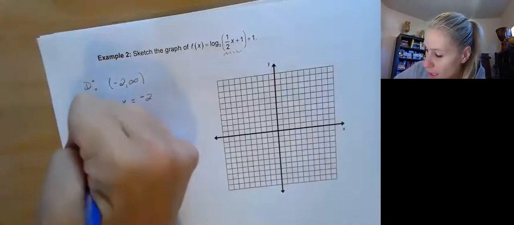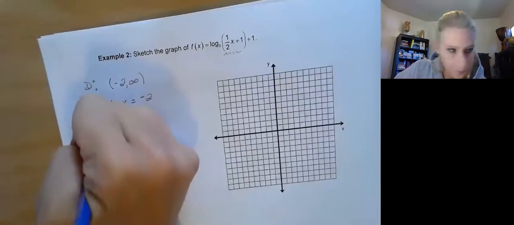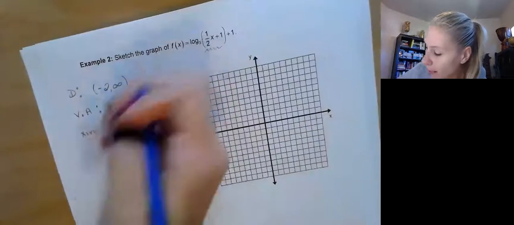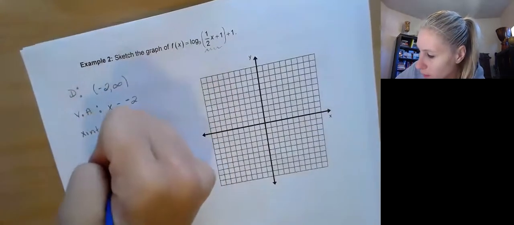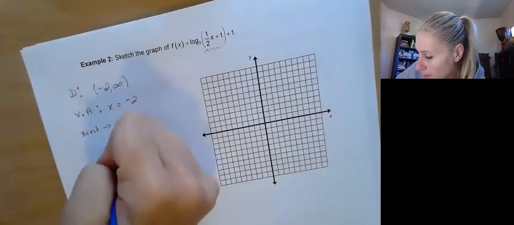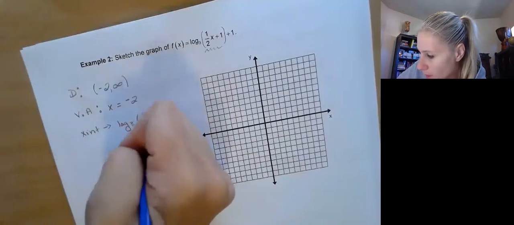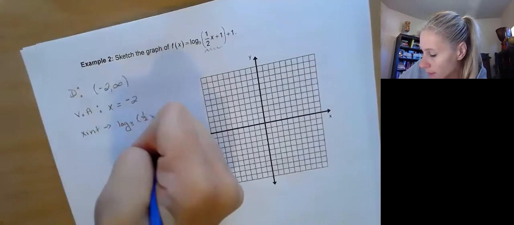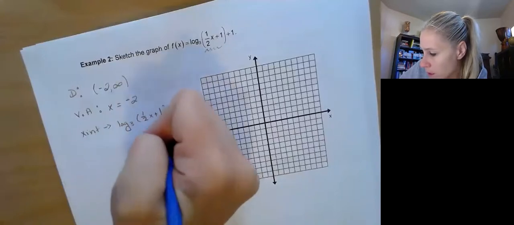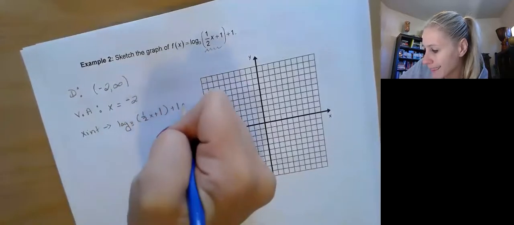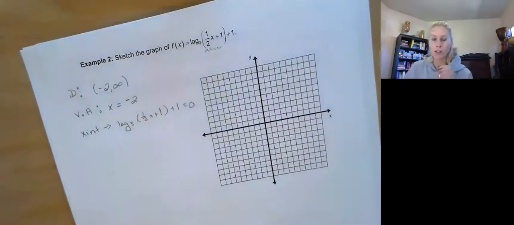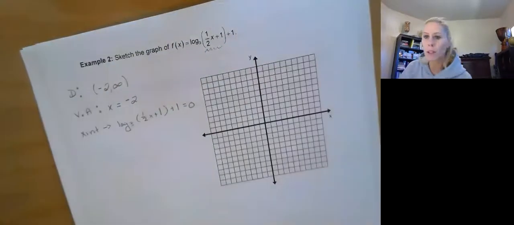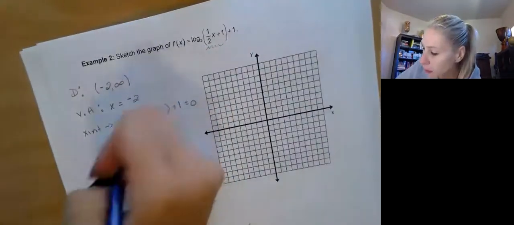Now we're going to look at our x-intercepts. Remember that our x-intercepts are when y equals 0. So I have log base 3 of (1/2 x plus 1) plus 1, and we're going to set that equal to 0 and start solving. We can't get rid of the log base 3 yet until we move that 1 to the other side.